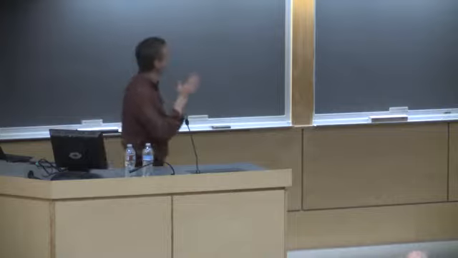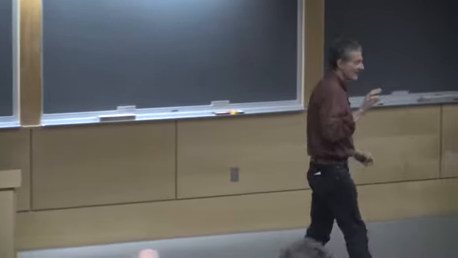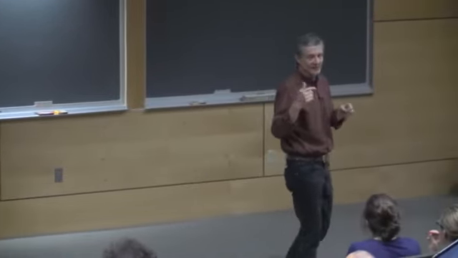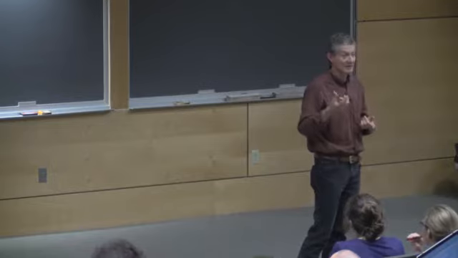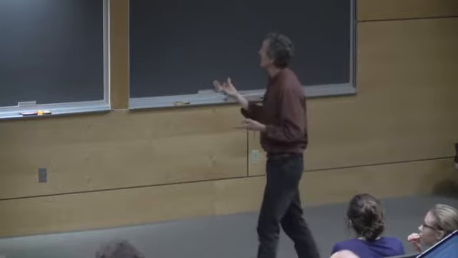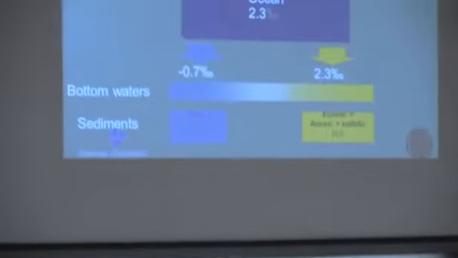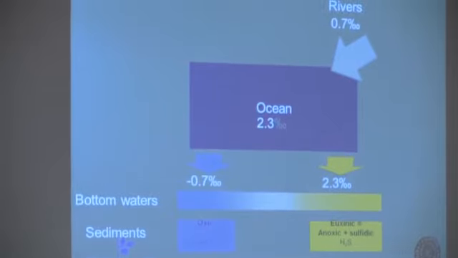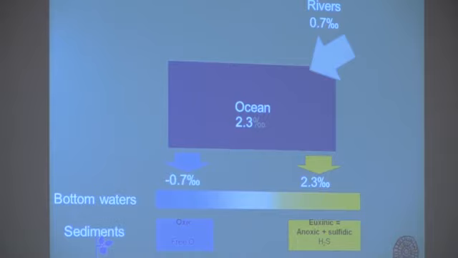Isotopes again. Oh God. Okay, this isn't hard. What we're looking at is an element called molybdenum, and we're looking at the isotopic composition of molybdenum. Just bear with me here. It's not that hard. So molybdenum comes into the oceans from rivers with an isotopic composition of 0.7. We say 0.7 per mil. Don't worry about the per mil. Just think about it as 0.7, okay?